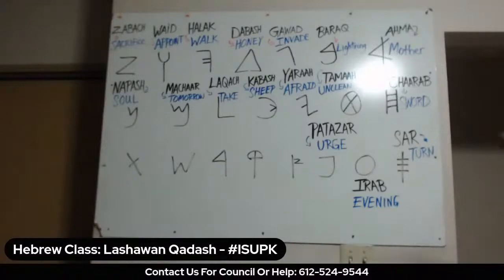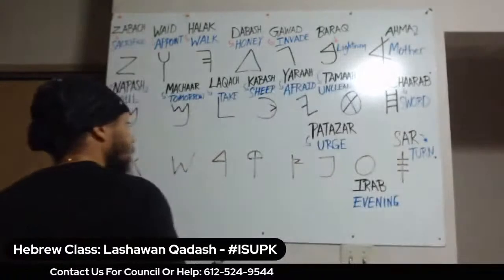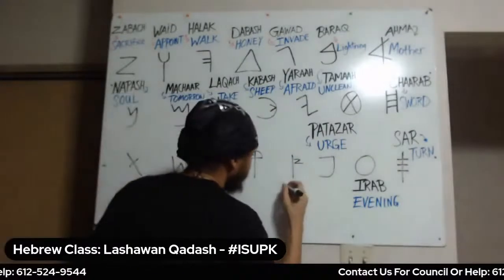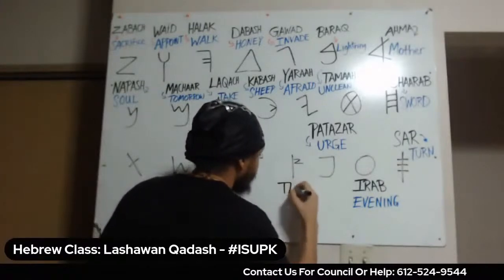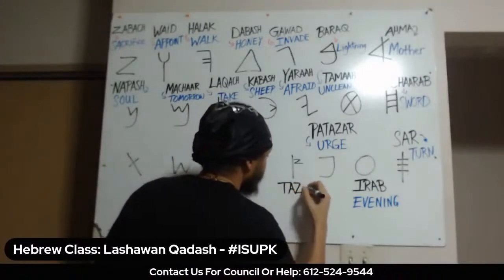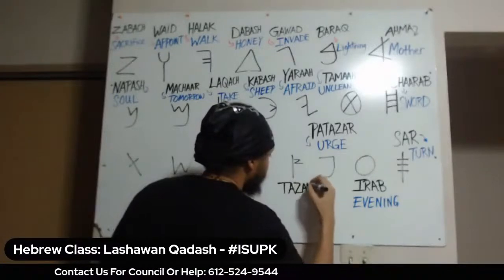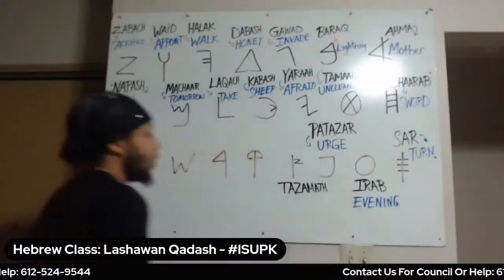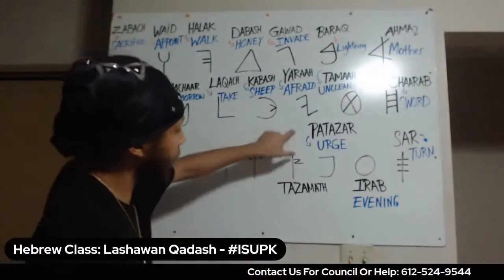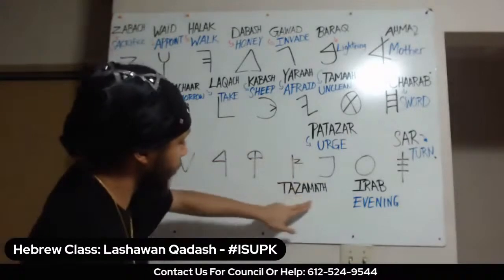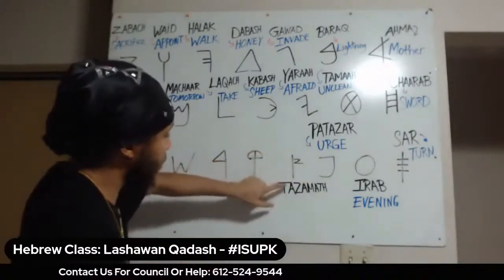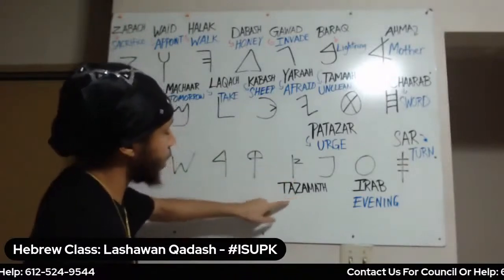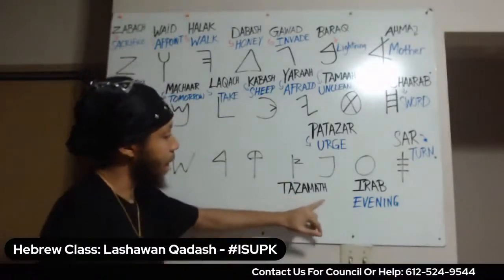All right, this right here is tazah. Okay? So, yeah, tazamah. So this is right here. It's for that. It might run over a little bit underneath. Don't worry about that. Tazah, tazah, tazah. So the word is tazamah.